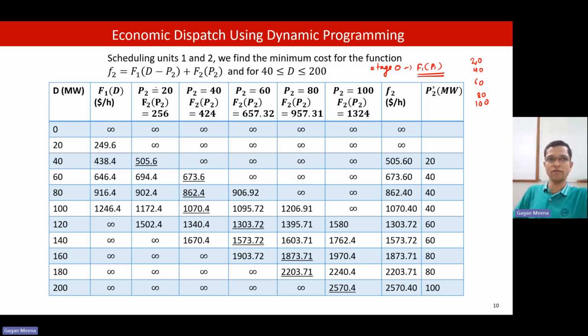And for stage 2, now F2 is F2 of P2, the cost of production by generator 2, plus the cost of production from the first generator. So the first generator P1 can be written as D minus P2. And what will be D here?